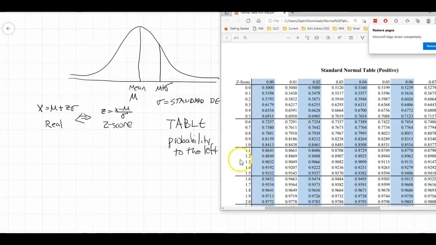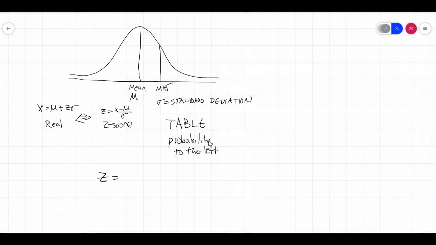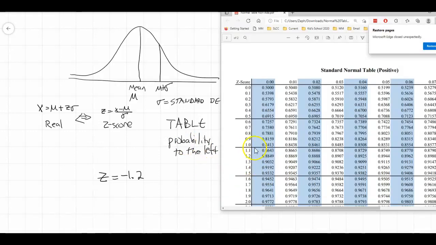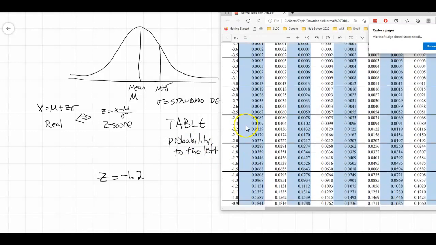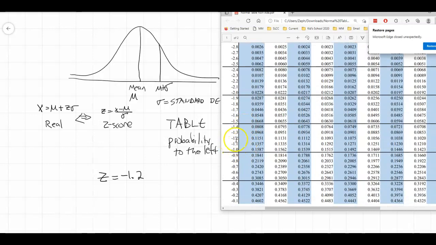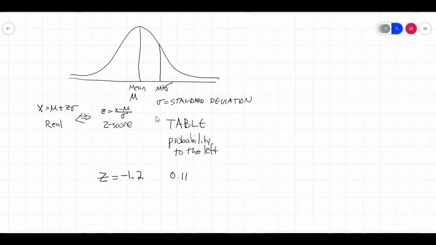All right. So for example, if we have a z equals negative 1.2, we look up on the z-score and we get negative 1.20, 0.1151. So the table value is 0.1151. So z-score negative 1.2 would be about here.